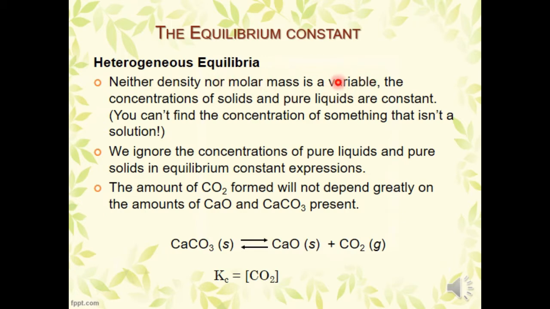Therefore the concentrations of solids and pure liquids are constant. Generally speaking, you cannot find concentration when something is not in solution form. So you cannot find the concentration of a solid or of a liquid. You normally find concentration when it is in aqueous form or gas form.